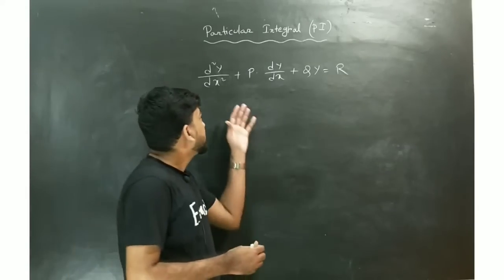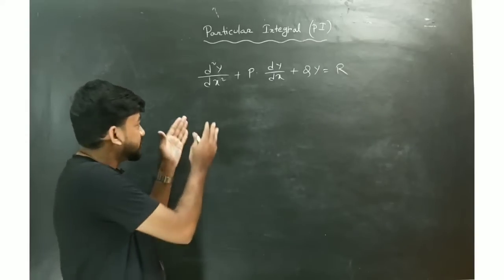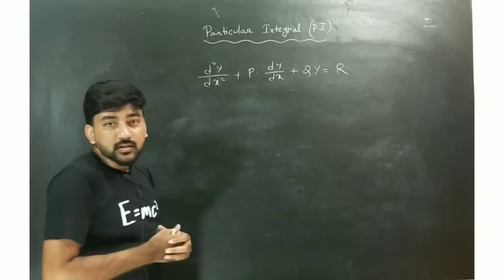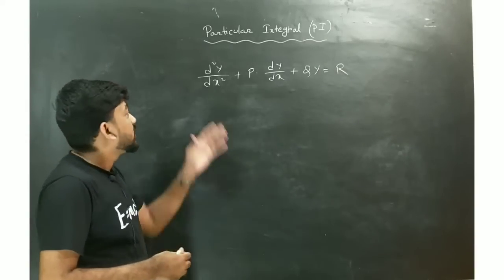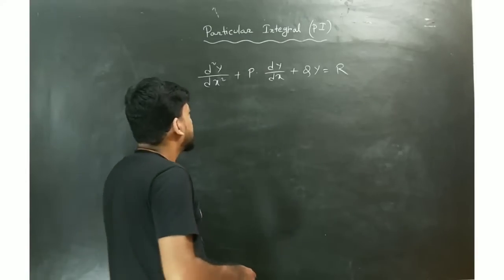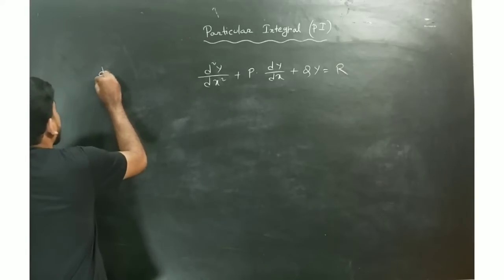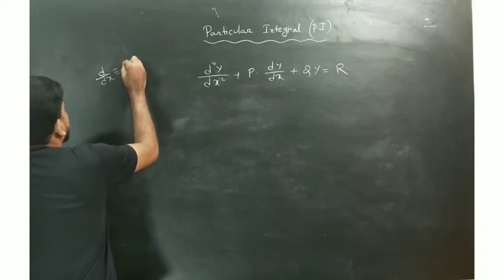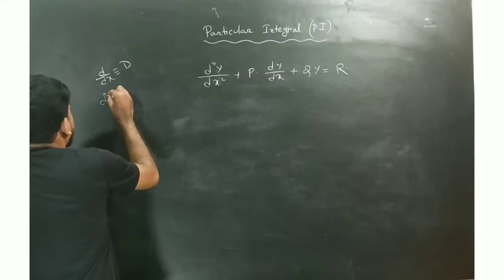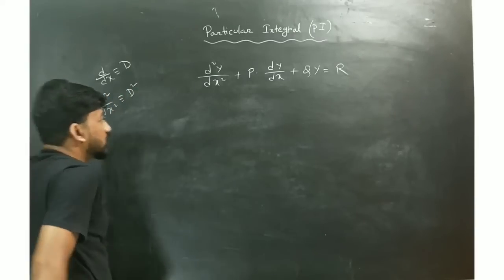Before that, let me first find the auxiliary equation, or you can say the equation in symbolic form, from this differential equation. For symbolic form, we use d/dx as capital D and d2/dx2 as D squared.